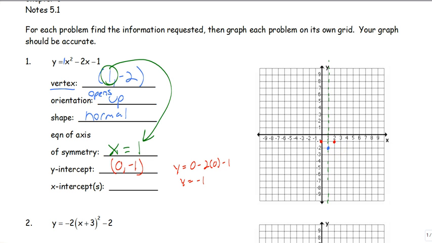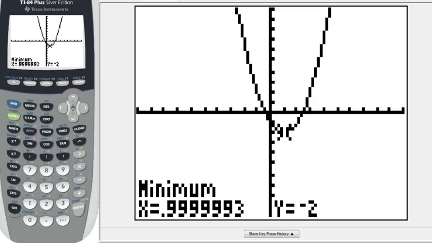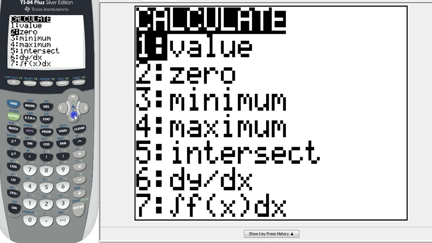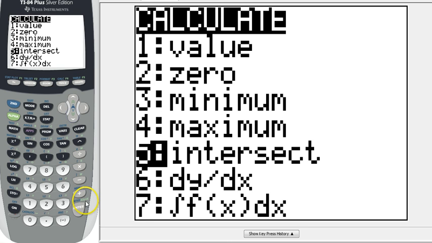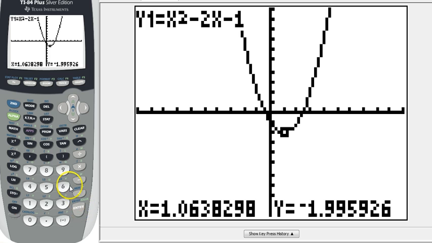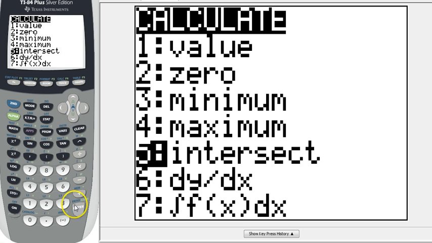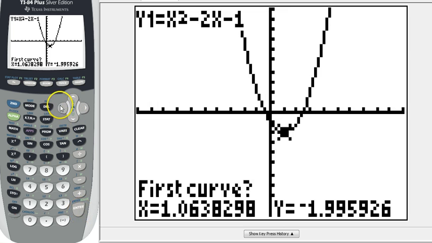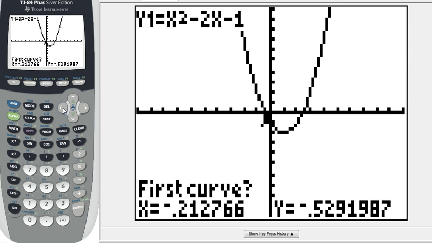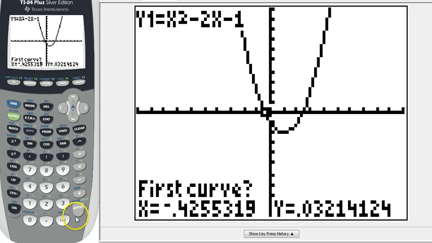So let's go back to our calculator. And once you're on your calculator, let's go to second trace again. And we're going to do that second trace 5, which is our intersection points. Okay, so we hit enter. Oh, we don't want to know the derivative. You guys aren't there yet. Okay. Intersection. I want to know the intersection where it hits the x-axis. So right around here.